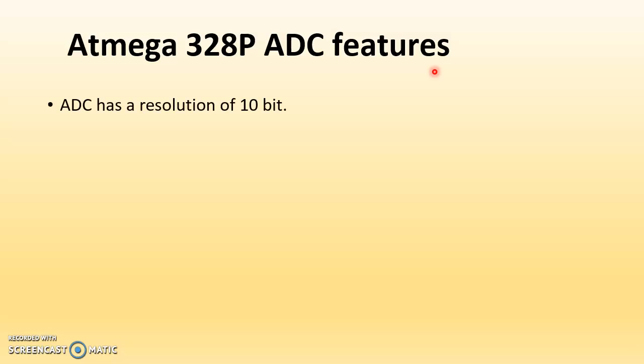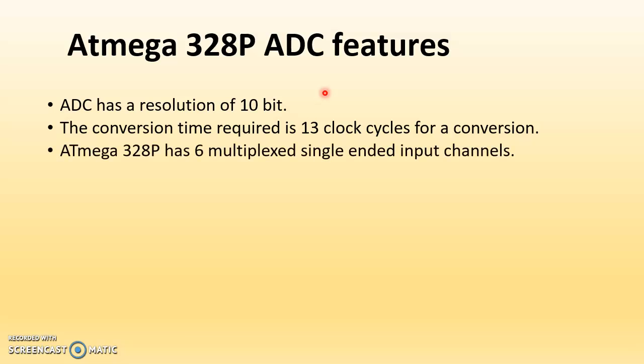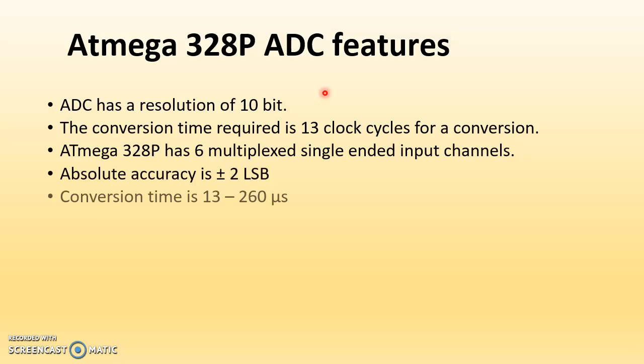Now the features of the ADC. It has a resolution of 10 bit. The conversion time is only 13 clock cycles. It has 6 multiplexed single-ended input channels. The accuracy is plus minus 2 LSB, least significant bit, and the conversion time is 13 to 260 microseconds.